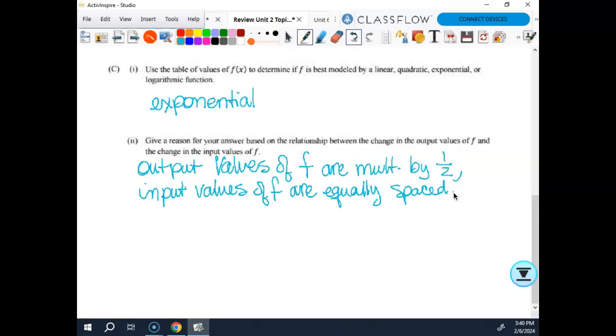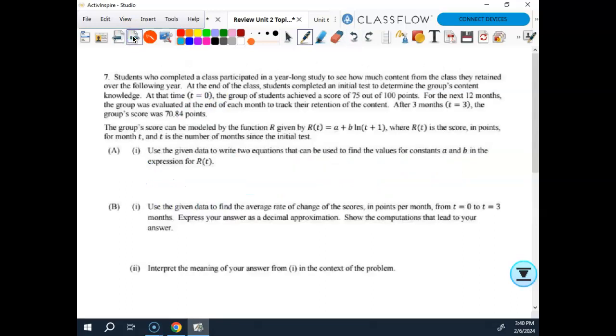All right, last part here. Lots of words, but you're going to have to deal with lots of words. So students who completed a class participated in a year-long study to see how much content from the class they retained over the following year. At the end of the class, students completed an initial test to determine the group's content knowledge. At that time, t equals 0, the group of students achieved a score of 75 out of 100.